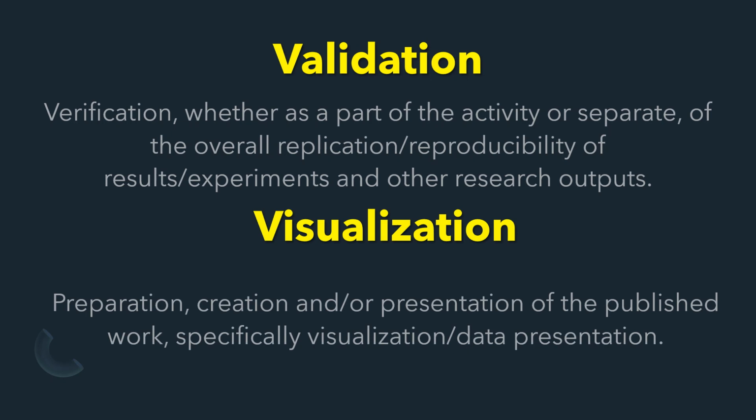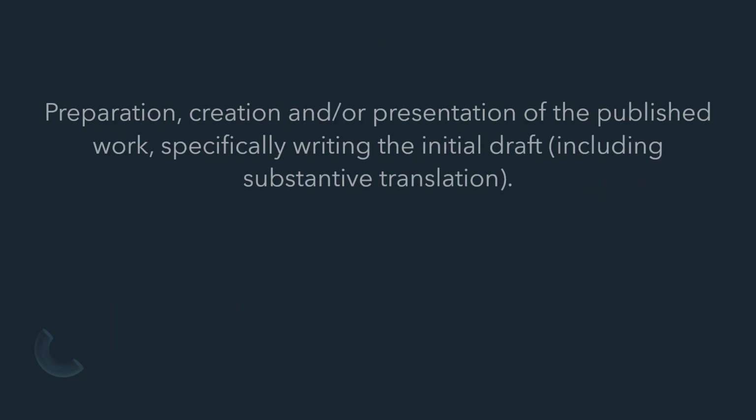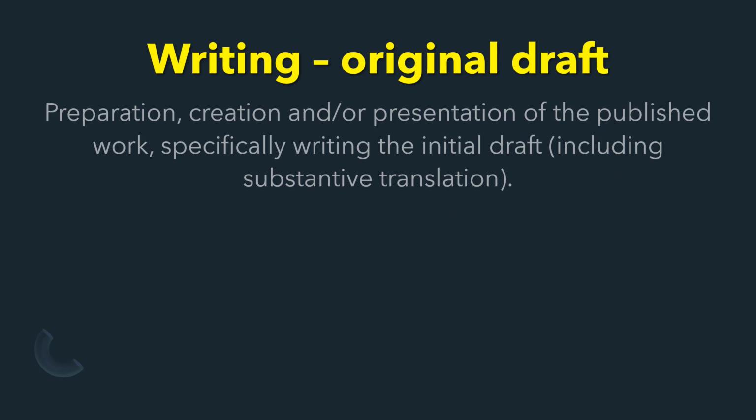Then visualization, that is preparation, creation or presentation of the published work, specifically visualization and data presentation. Then we have writing, original draft, that is preparation, creation and presentation of the published work, specifically writing the initial draft, including substantial translation.